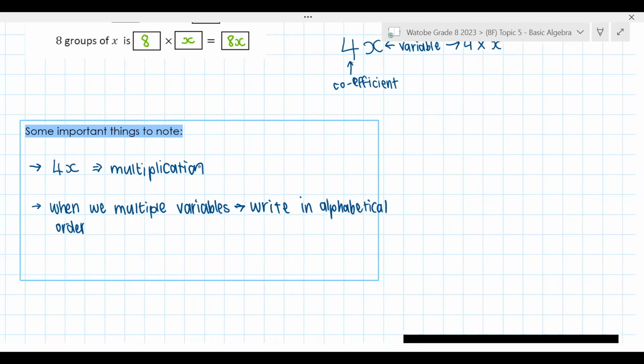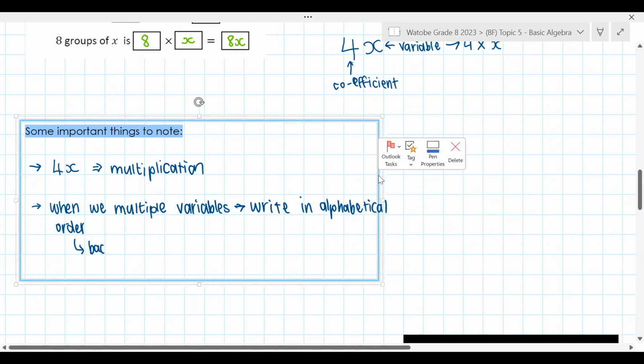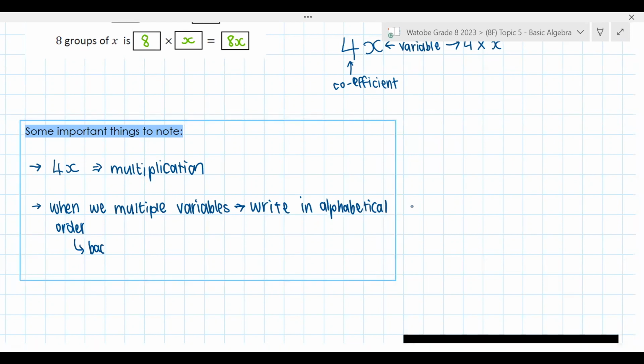If I had given you BAC, for example, and you had to write that as a final expression, we always want to try and order this from A to B to C all the way to Z.